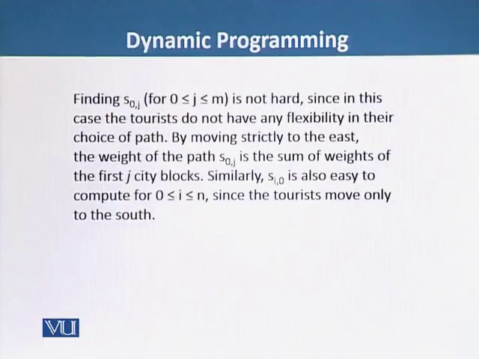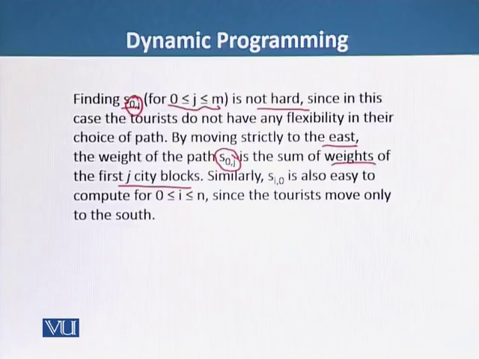So for finding S(0,j), for 0 less than or equal to j and j less than or equal to m, we have already seen it is not very difficult, since in this case the tourists do not have any flexibility and they have to move in a certain path, because using (0,j) the tourist has to move only in the east direction, and the weight of the path, for (0,j), is the sum of the weights of the first j city blocks.